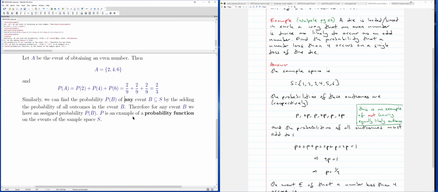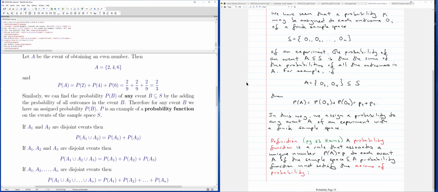So you could regard this p as a probability function. Why I care about that is that the axioms of probability are defined in terms of a probability function. We just saw an example of a probability function for a particular sample space.